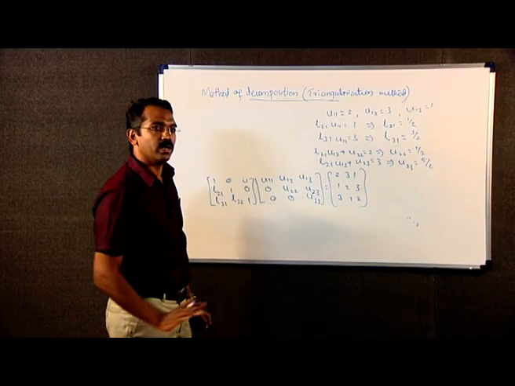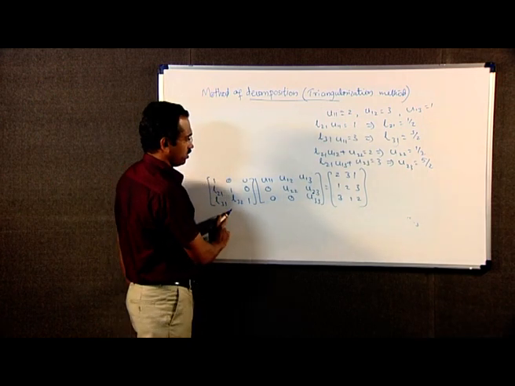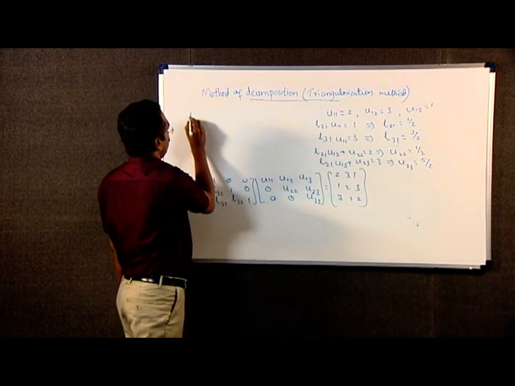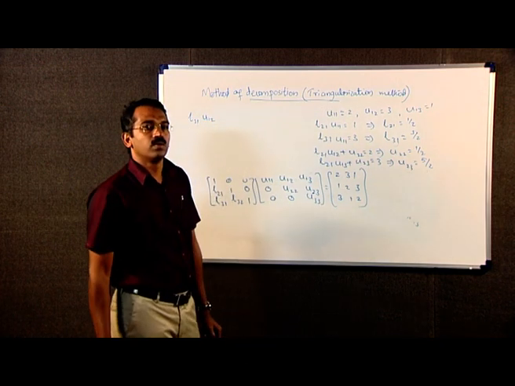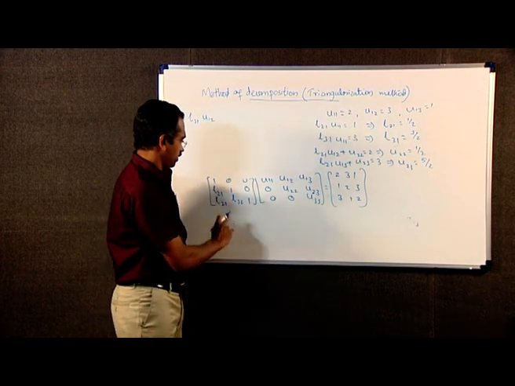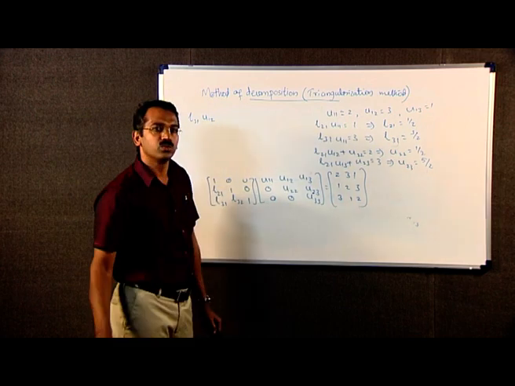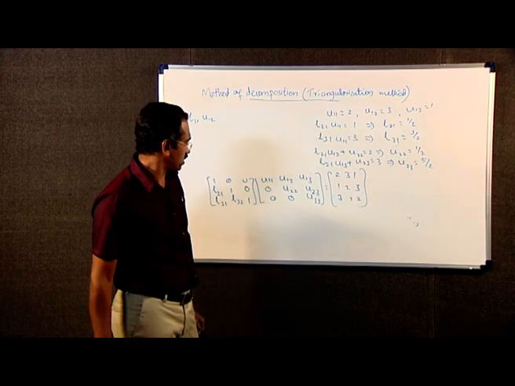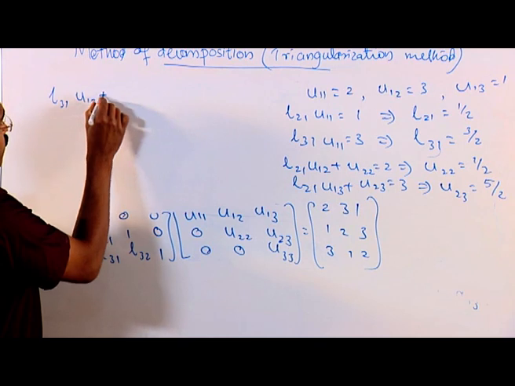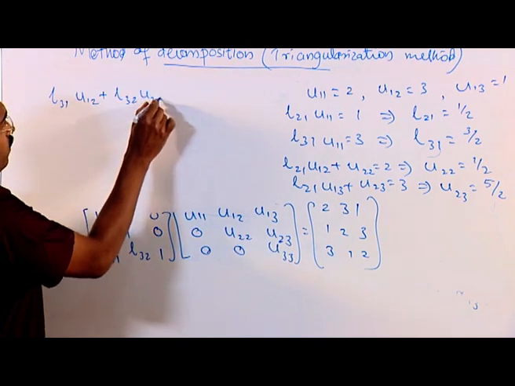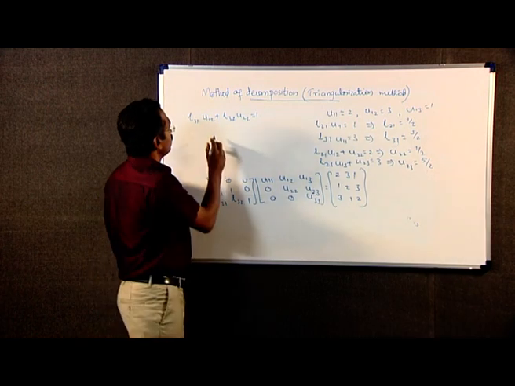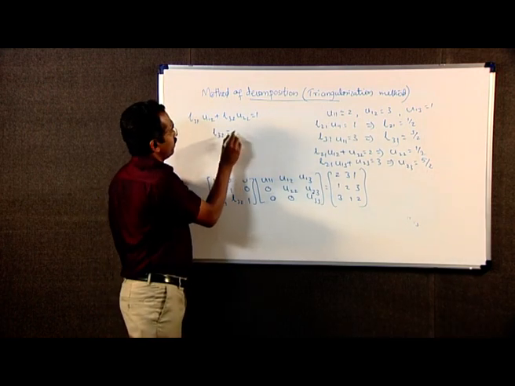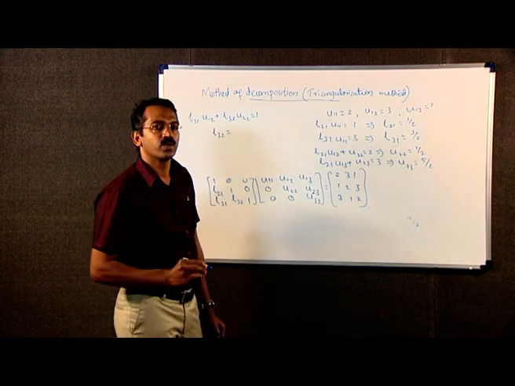Again, L31 U12 plus L32 U22 is equal to 1, from which we get L32 is equal to minus 7.